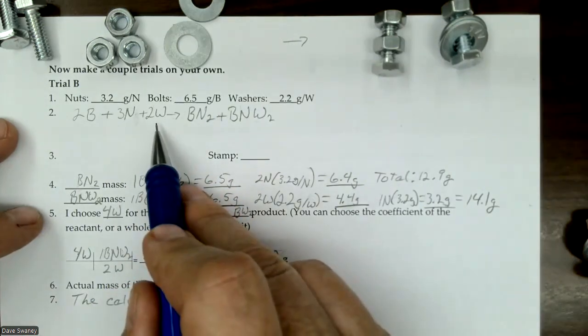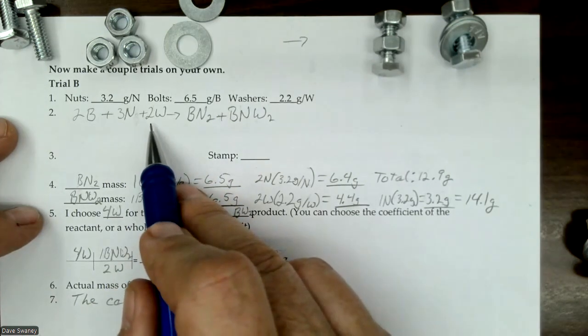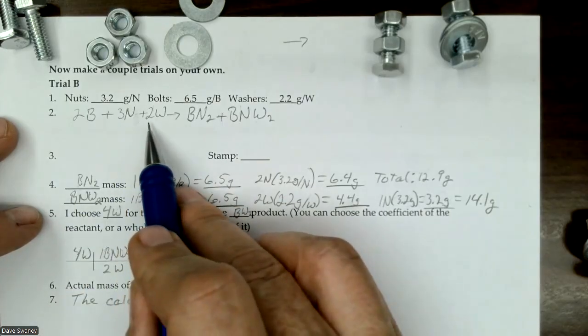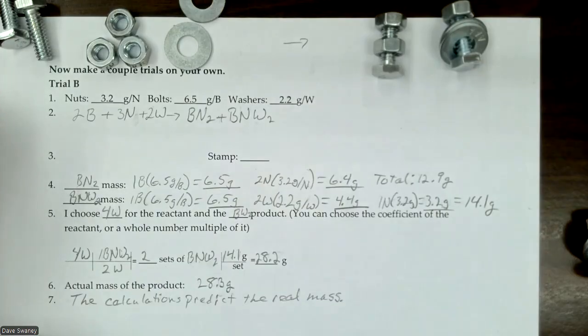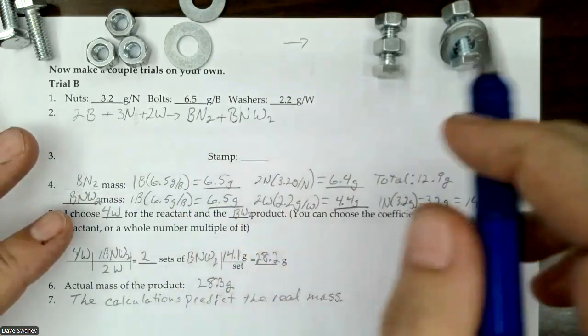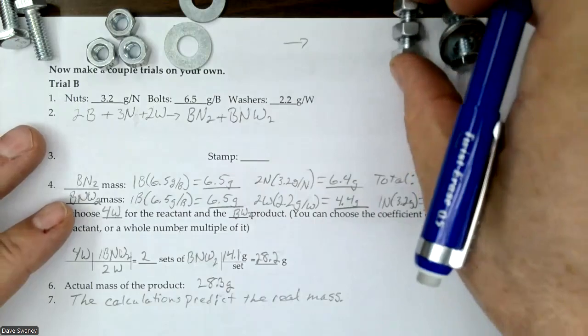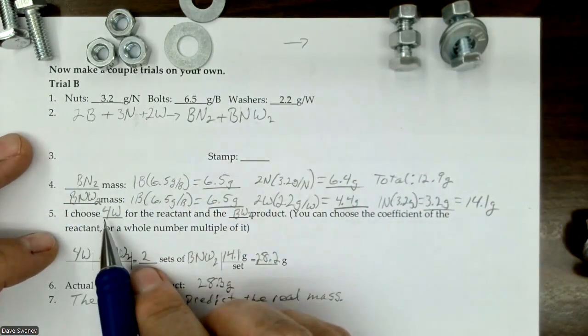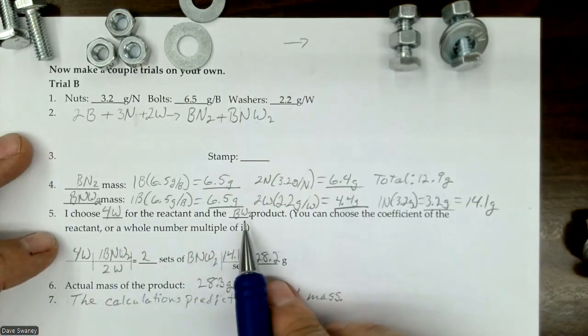Now I know that says 2, but my point previously was you can choose 2 or 4, 6, 8, 10, a multiple of one of these numbers. It's fine. And in real life, you can do fractions, but here we can't because we can't have a fractional bolt or a fractional washer or something. So we're going to use whole multiples, and I have chosen 4 washers for the reactant and chosen to go to that product.